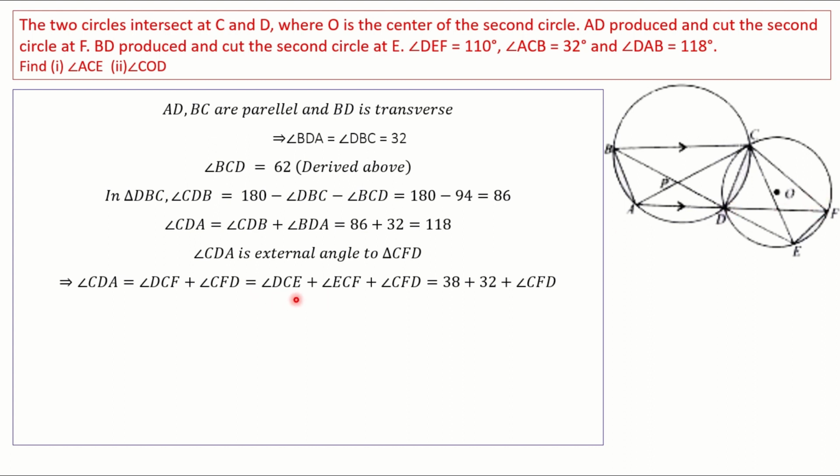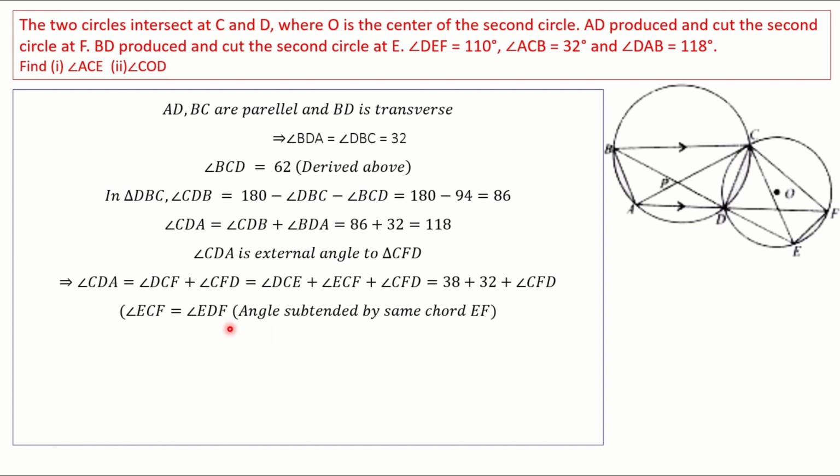So DCF is the same as DCE plus ECF, splitting of these two, plus angle CFD as I wrote. So DCE is 38 and ECF is 32, plus CFD.